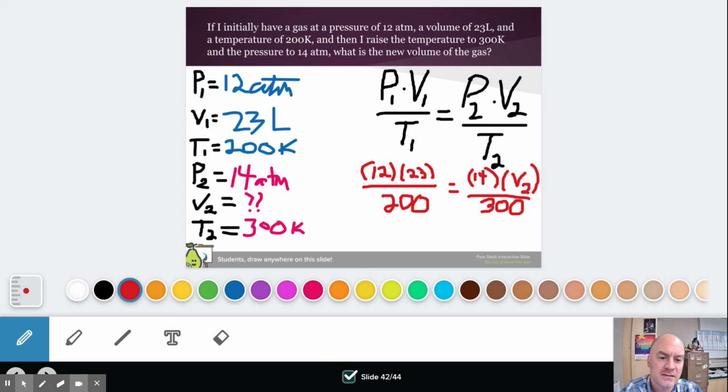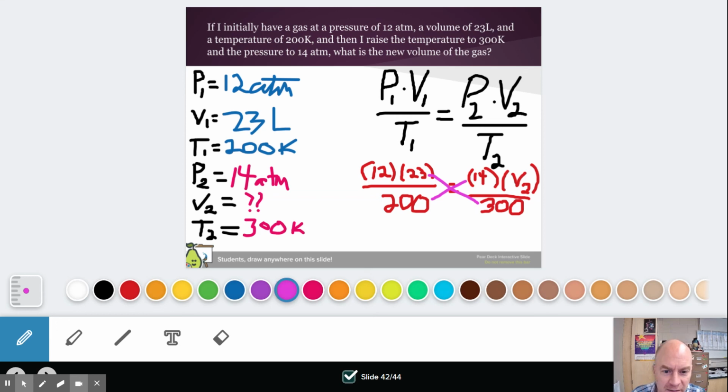So to solve this algebraically here, I'm going to tell you a little trick that you may not be able to do in your math class because it doesn't promote understanding of what's going on, but it works. I don't know if some of you may have done this before, but you can just do a kind of a cross multiply here.